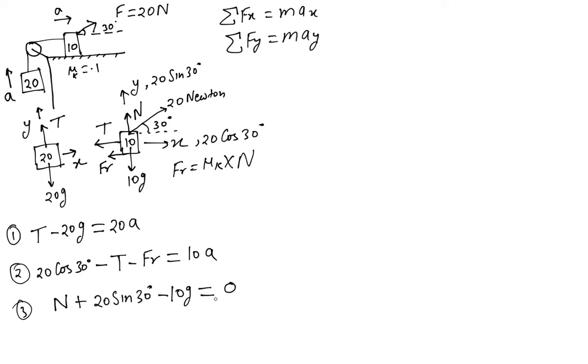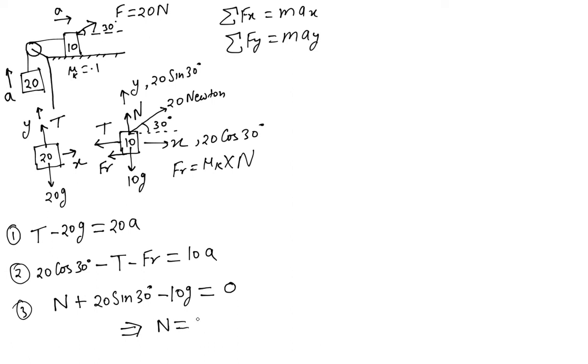Why? Because there is no acceleration, a_y, in the y direction, and that gives us some very interesting answer. We actually get N equals 0, right? Because sine 30 is what? No, I'm wrong, I'm sorry. We don't really get N equals 0.